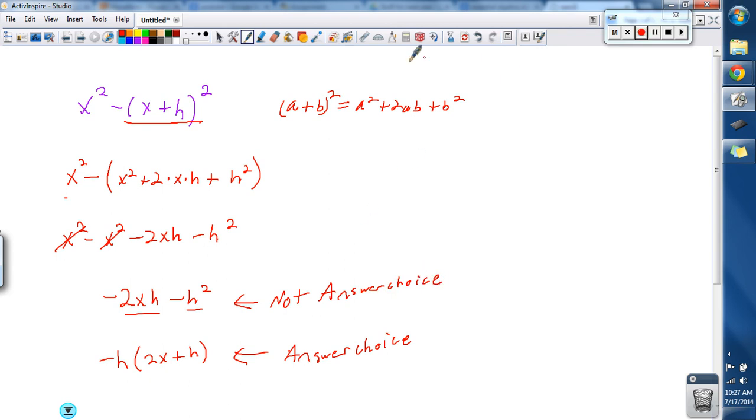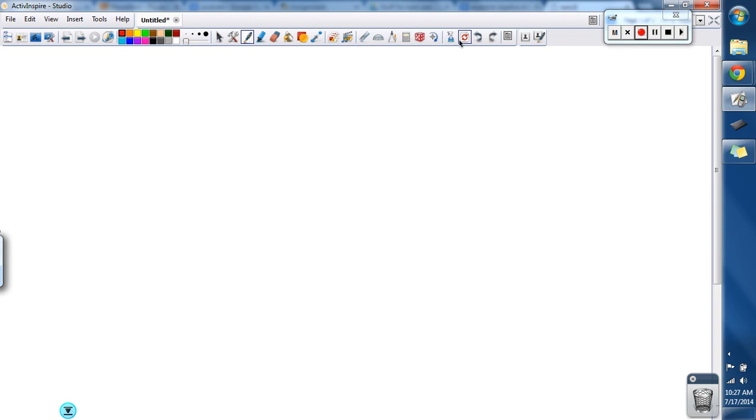Okay, let's look at another more difficult one. We have x to the fourth minus 10x squared plus 9. So go ahead and pause the video and try to factor this one on your own.